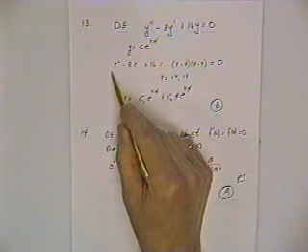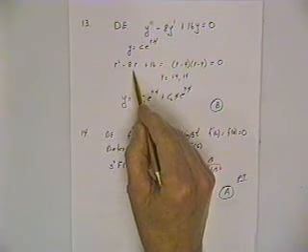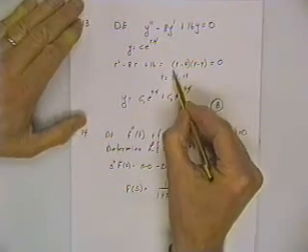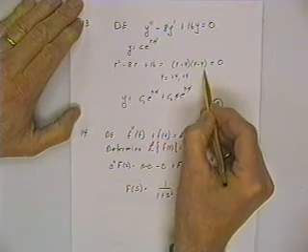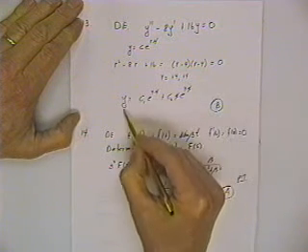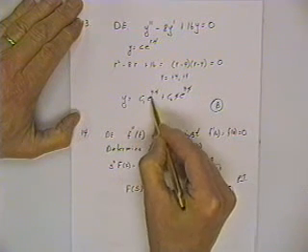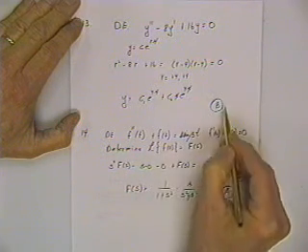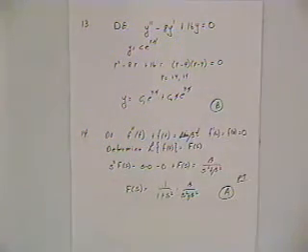The auxiliary equation is r squared minus 8r plus 16. That factors into (r minus 4) times (r minus 4), and it gives me repeated roots. So the solution is c1 e to the 4x plus c2 x e to the 4x, and that corresponds to solution B.